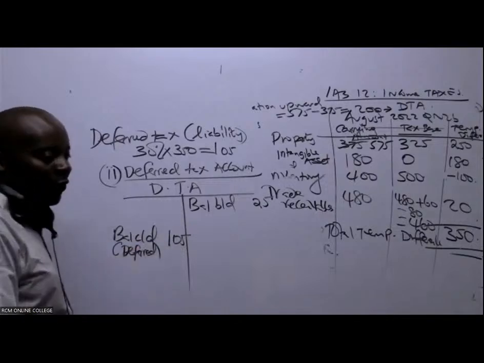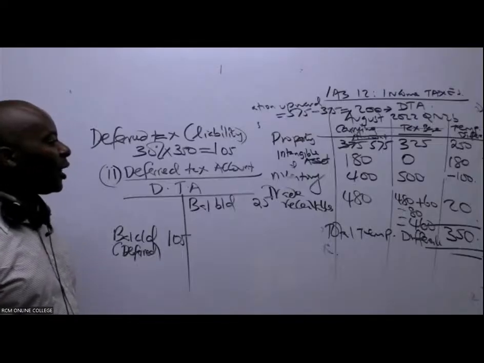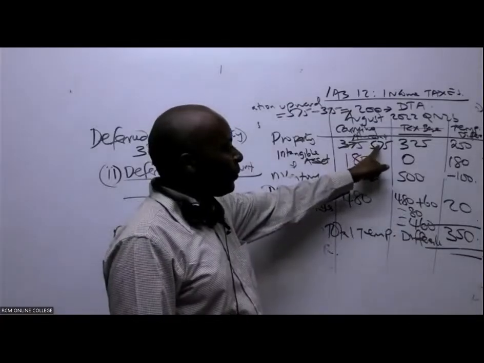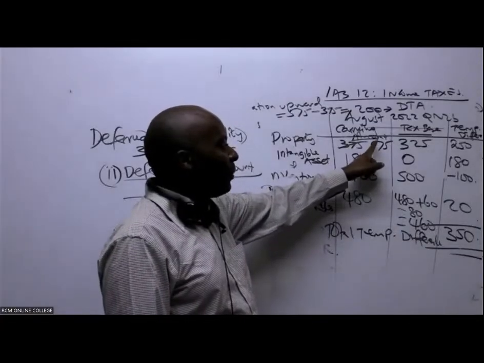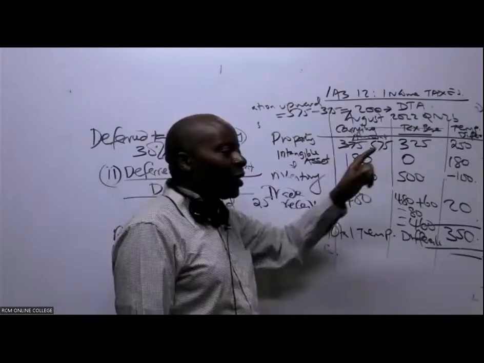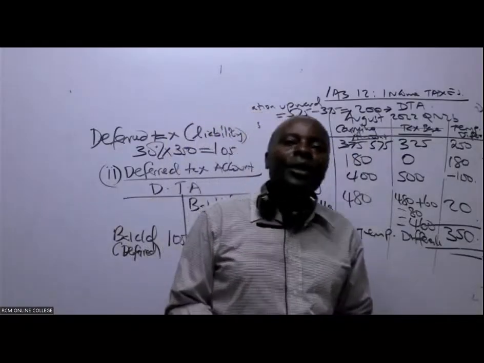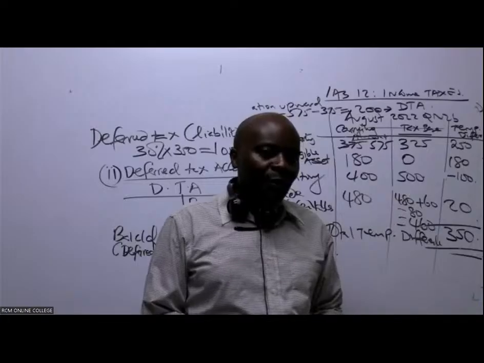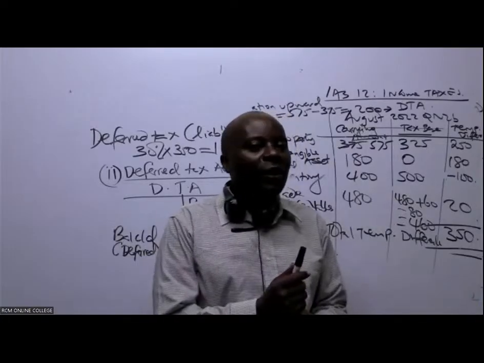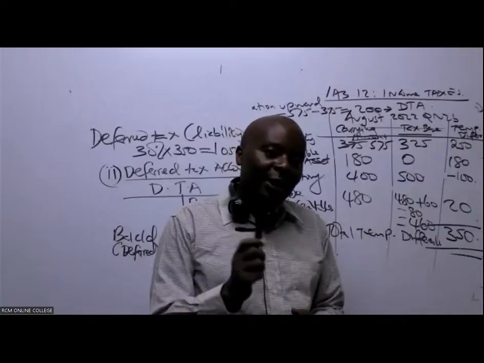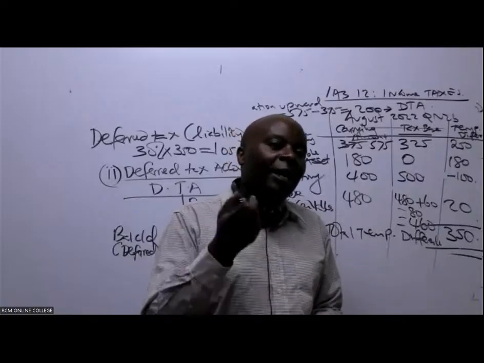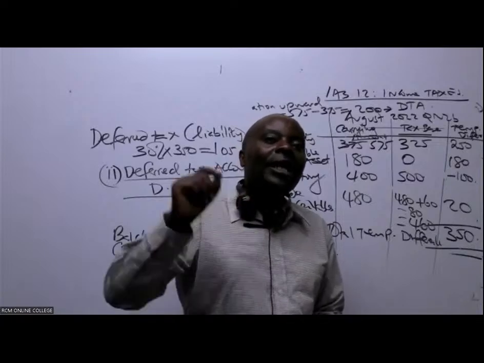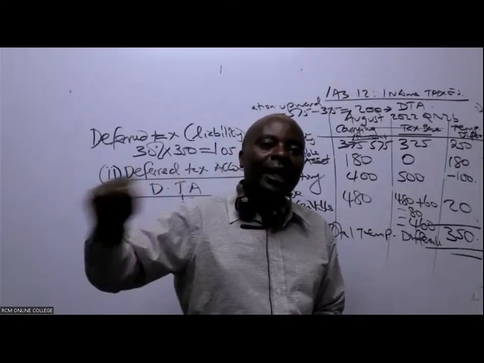Deferred, 105. So you ask yourself, remember we have a revaluation amount in this. This revaluation amount, ladies and gentlemen, leads to what we call permanent differences, because the revaluation amount here, the taxman will never allow. Remember we said permanent differences are those differences which arise on transactions that are disallowed by the taxman.